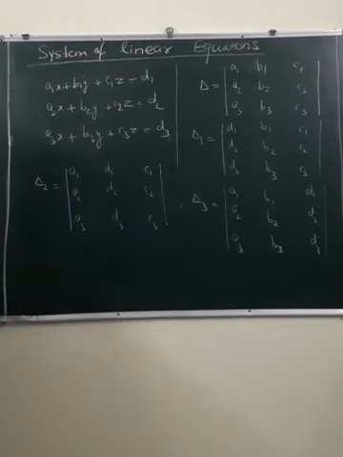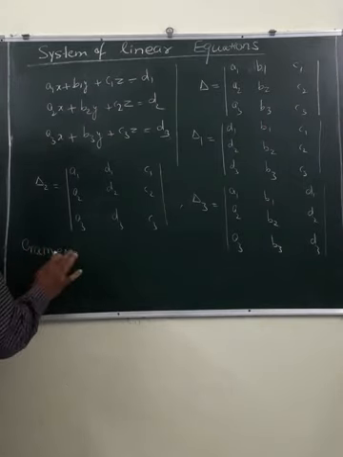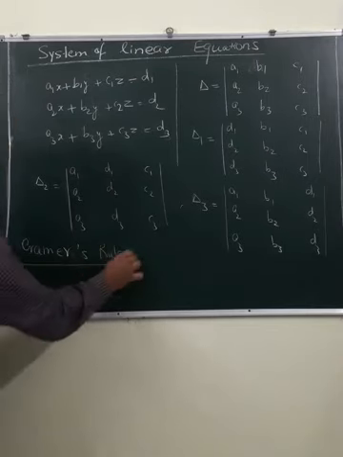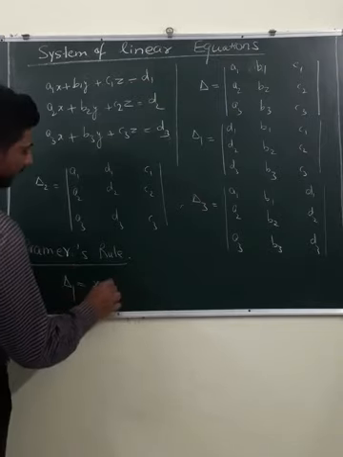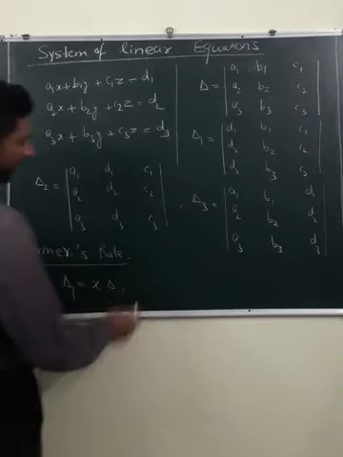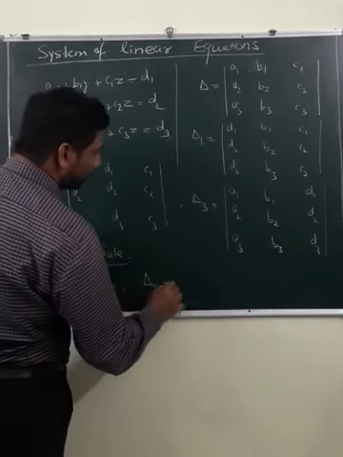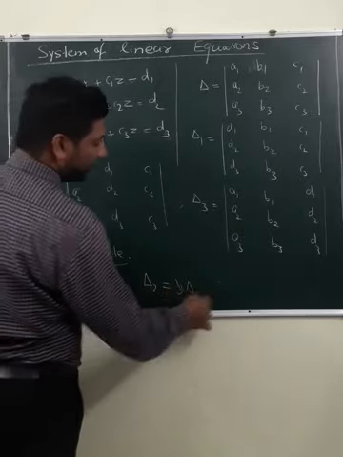Okay. Now Cramer was the mathematician who derived the solution. Cramer's rule. He said that delta 1 is equal to x into delta. Similarly, delta 2 is how much? You can guess, y into delta.